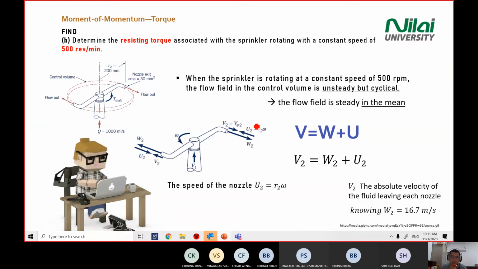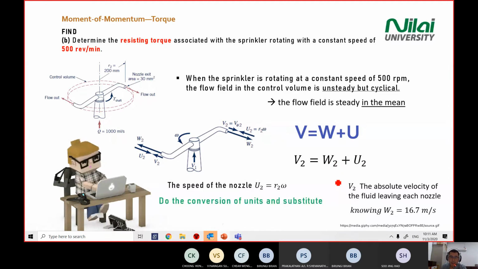So you need to call out this direction, and then W2 will follow our magnitude in V2. It becomes 16.7 meters per second. And then U2 is calculated from this equation, U equal to R omega. You substitute into this equation here. All right. Then you get your V2 component.